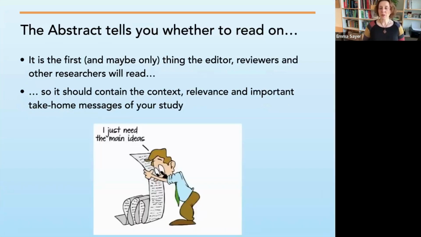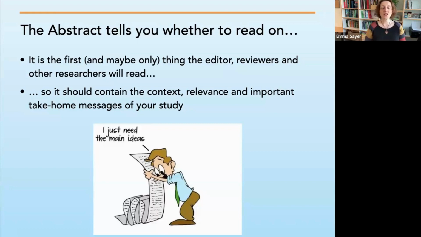What's really important about getting the abstract right is that it tells the reader whether or not the paper is interesting. So it is often the first and possibly the only thing that the editor will read when you submit your paper. So we make a lot of our decisions about whether the paper fits the journal based on the abstract. Then, of course, it's the only thing that reviewers receive before they decide if they want to review the paper.